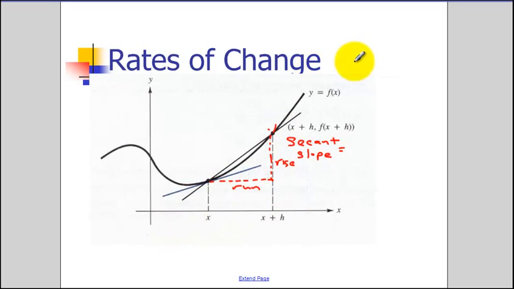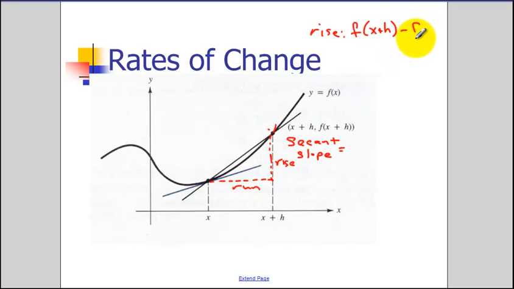Our rise is normally the formula y2 minus y1, but the y value of point P here would be f of x plus h, and the y value of Q is just f of x.